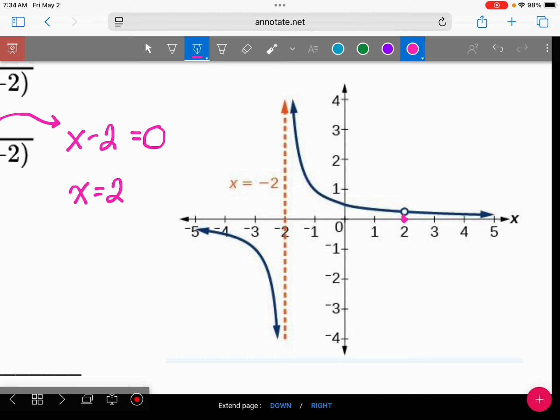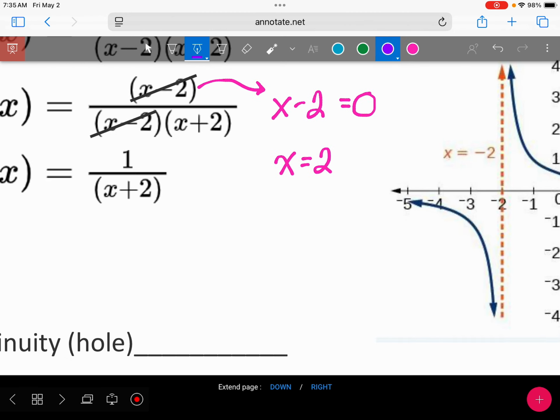But since that's kind of like a point, we kind of need to find the y as well. So what we do is we grab anything that's left over after we have our removable discontinuity, and we get y equals 1 over x plus 2. Fill in the 2. I know what x is going to be. Let's get our point because we know our y is 1 over 2 plus 2. Oh, 1/4.